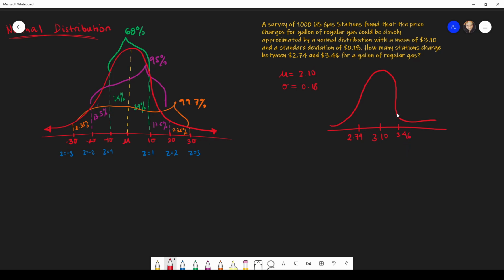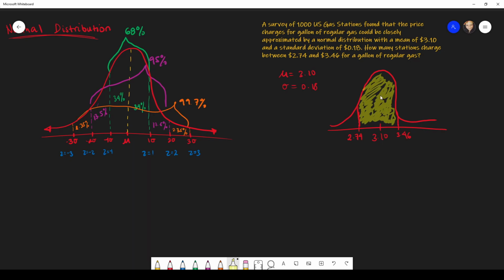If I draw a vertical line here and here, this is the area that I want to find out. How many percent of gas stations in the United States charge between these prices here? I need to find out the percentage.